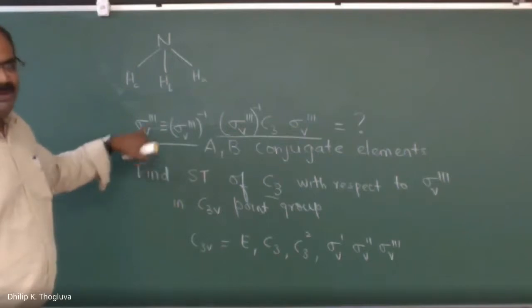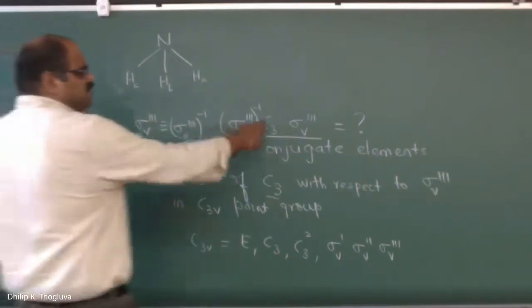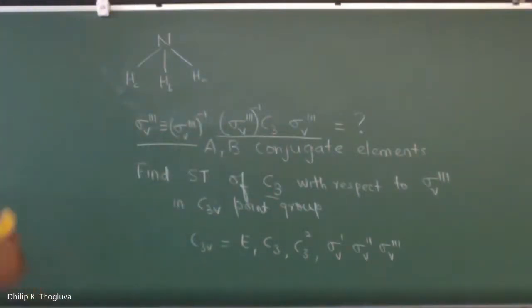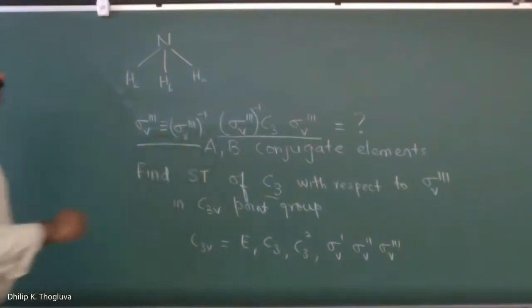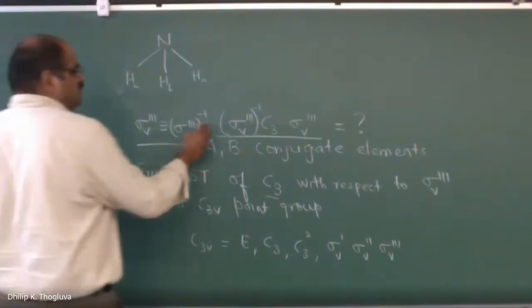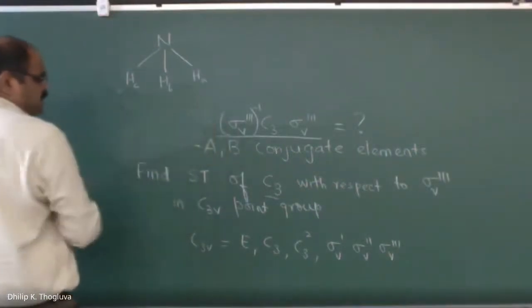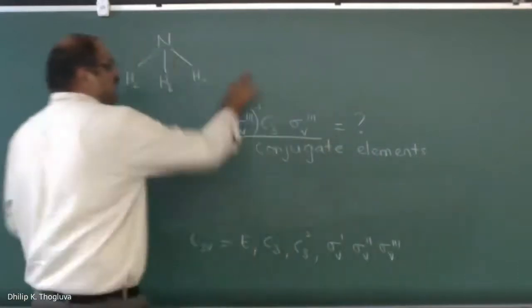Sigma v triple prime means sigma v triple prime inverse is also there. But C3 is slightly different, so we'll come to the inverse of C3 a little later. But sigma v triple prime is nothing but sigma v triple prime inverse. Both are the same. With this validity, let's find out the right hand side of this equation.